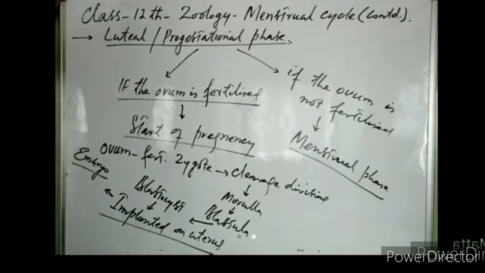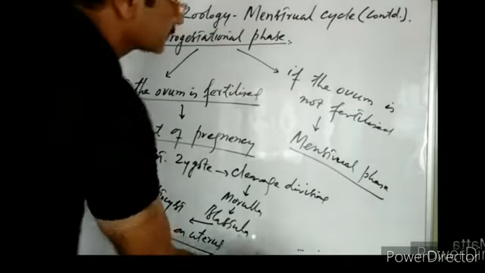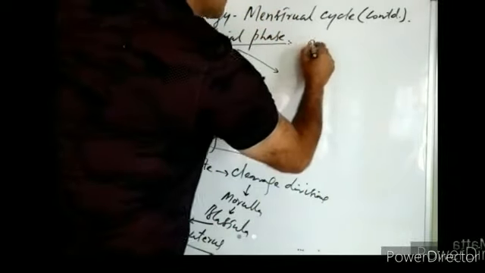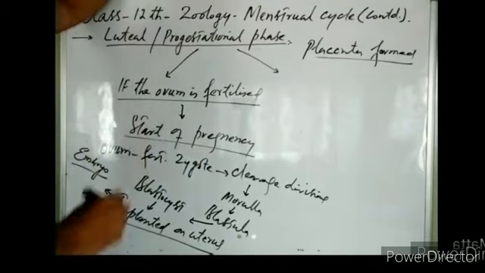Right? So when the blastocyst gets implanted, a placenta is formed.